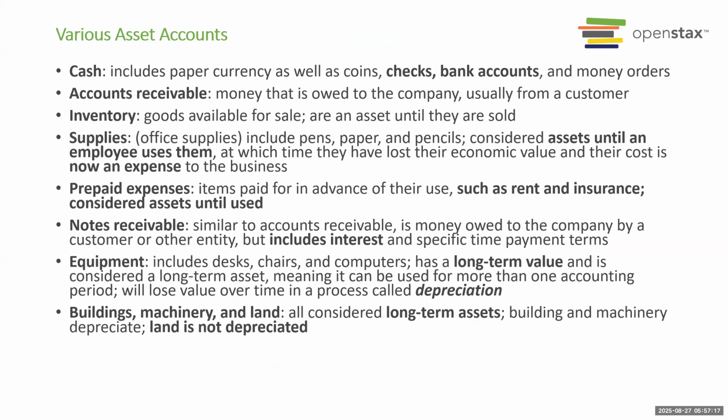So let's talk about the various accounts. We have cash or cash equivalents, which includes paper currency as well as coins, checks, bank accounts, money orders. We have accounts receivable. That is money that is owed to the company, usually from a customer. We have inventory. These are goods available for sale. They're an asset until they are sold.